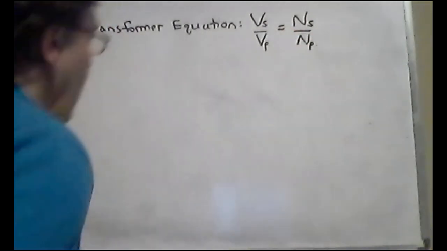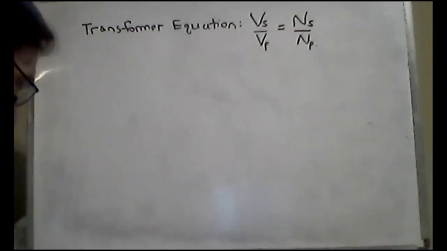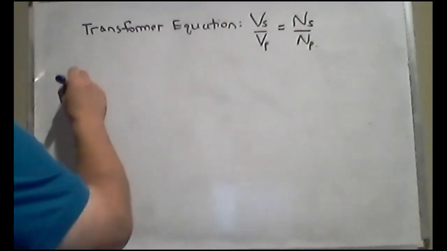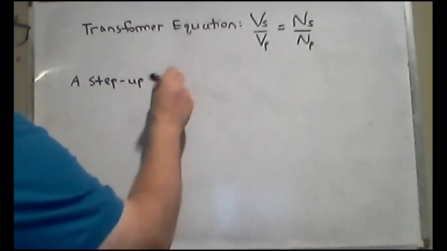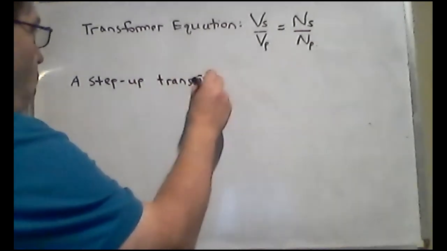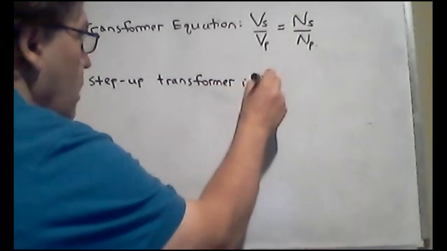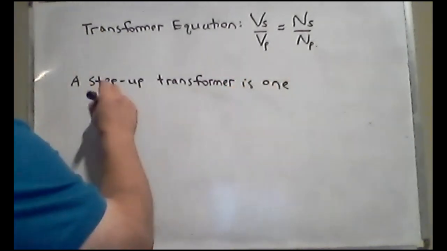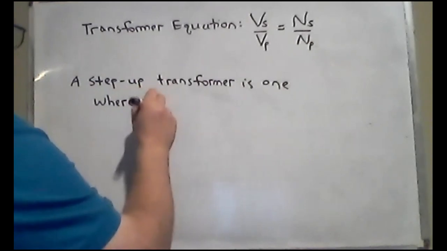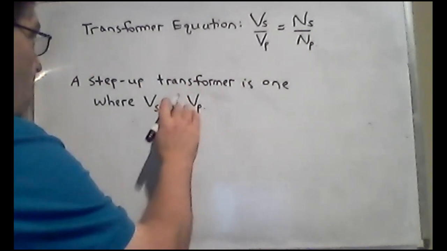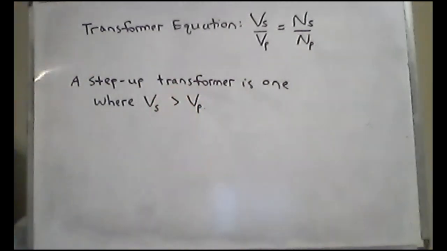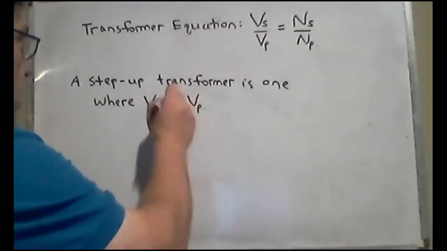A step-up transformer is one where V sub S is greater than V sub P. You have a certain primary voltage, you want a larger secondary voltage. Maybe you're operating an X-ray machine that takes a kilovolt, and all you have is 120 volts coming out of your wall.